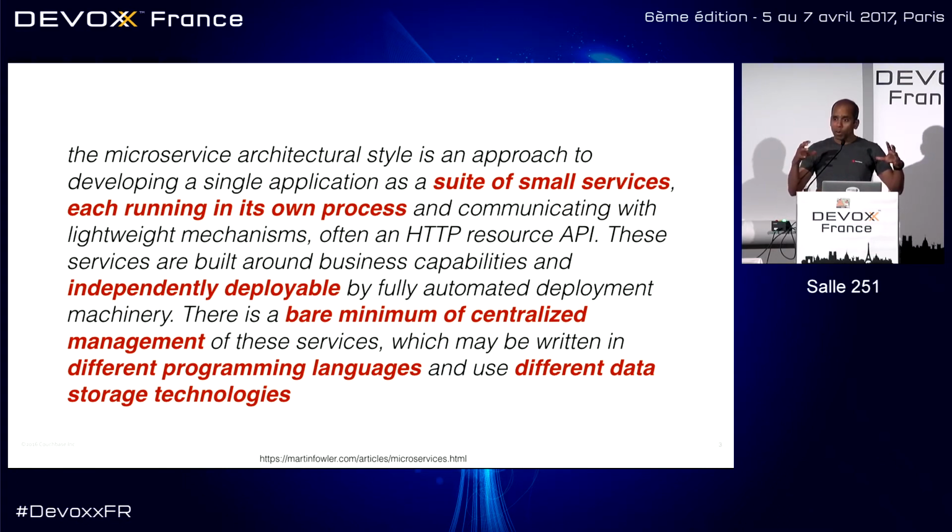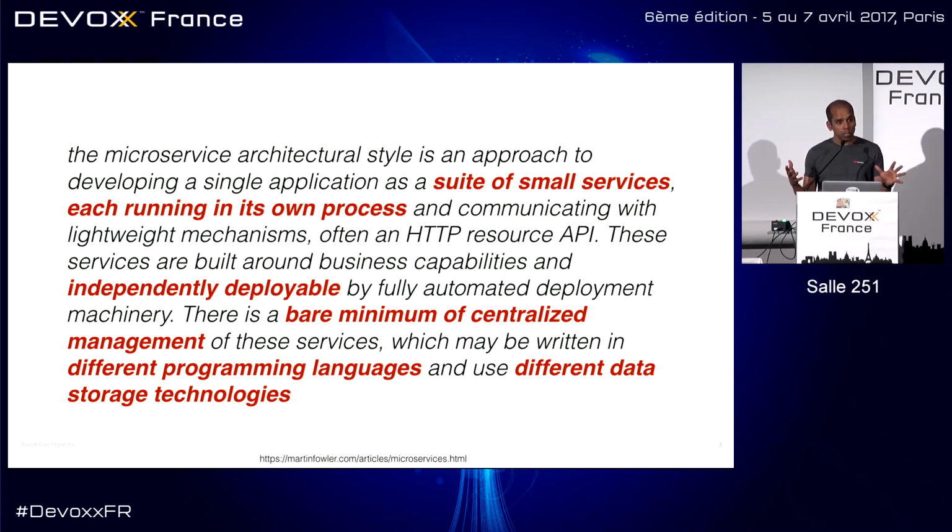The key parts are a suite of small services which are fairly independent, each running in its own process. Each unit is independently deployable. In case you need to upgrade a unit, you should be able to upgrade it independent of others. There are lots of mechanisms that go as part of that: CI/CD, service discovery, scaling, all of that becomes part of that process.